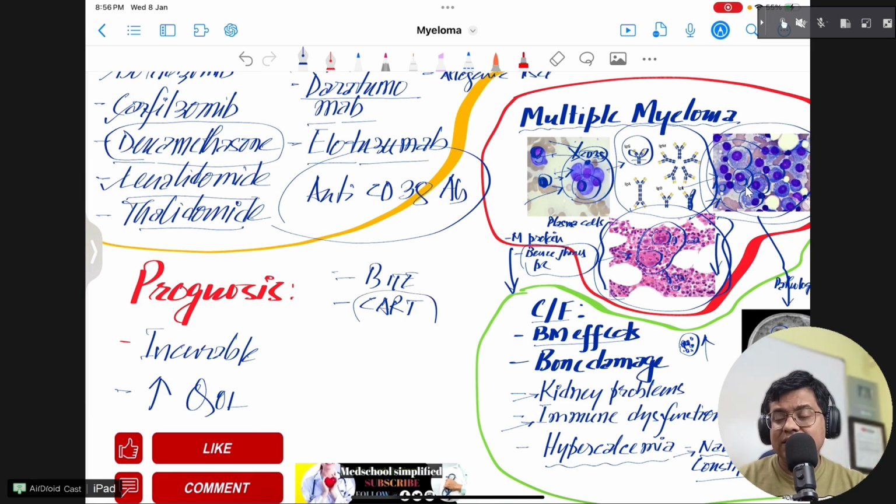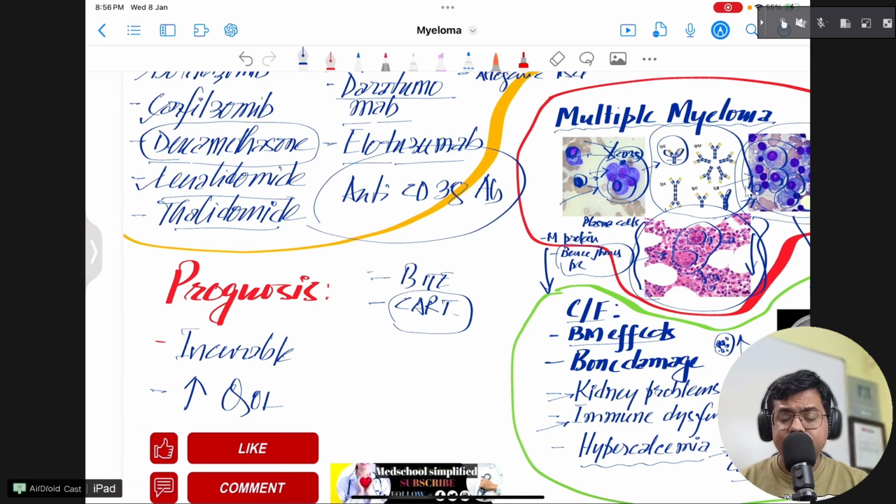And in case of CAR T cells, some lymphocytes are taken out from the patient's body, and those lymphocytes are modified with some CRISPR-Cas9 edited technology, and those edited lymphocytes are again infused back to the patient. Those lymphocytes are basically primed against some specific antigens on the plasma cells, and they attack the specific plasma cells and destroy the plasma cells within our body.